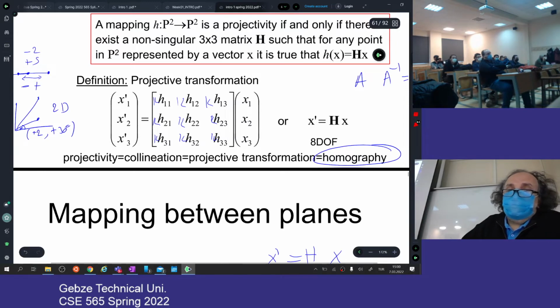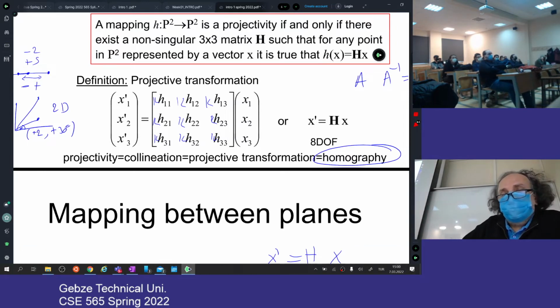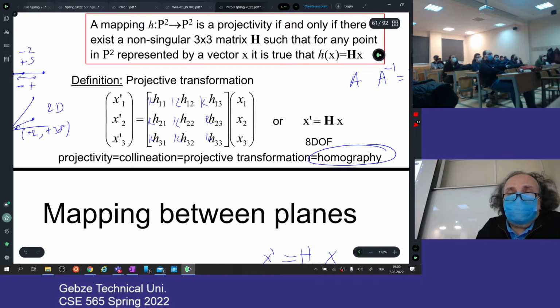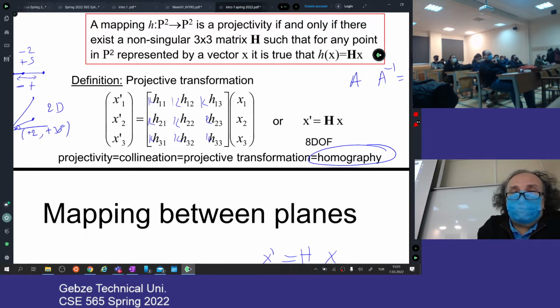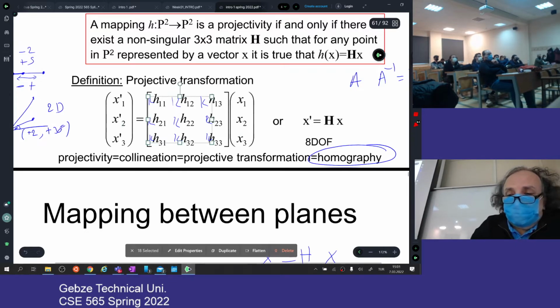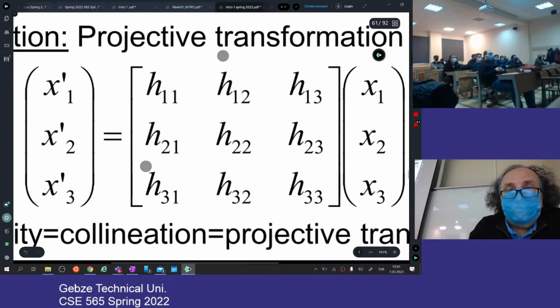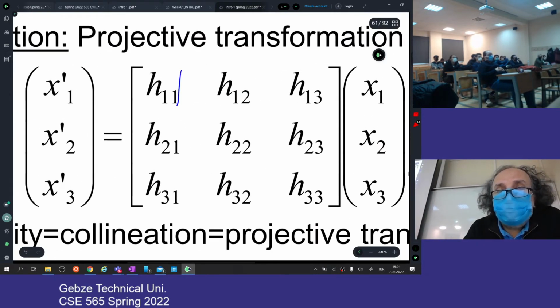So if 2 projectivities are similar to each other up to a constant like that, up to a k, we consider them as the same projectivity. That's why I need only 8 numbers, not 9 numbers, to define a projectivity. That's why it says 8 degrees of freedom. So I can do this. I can divide each of these numbers by h33, right?